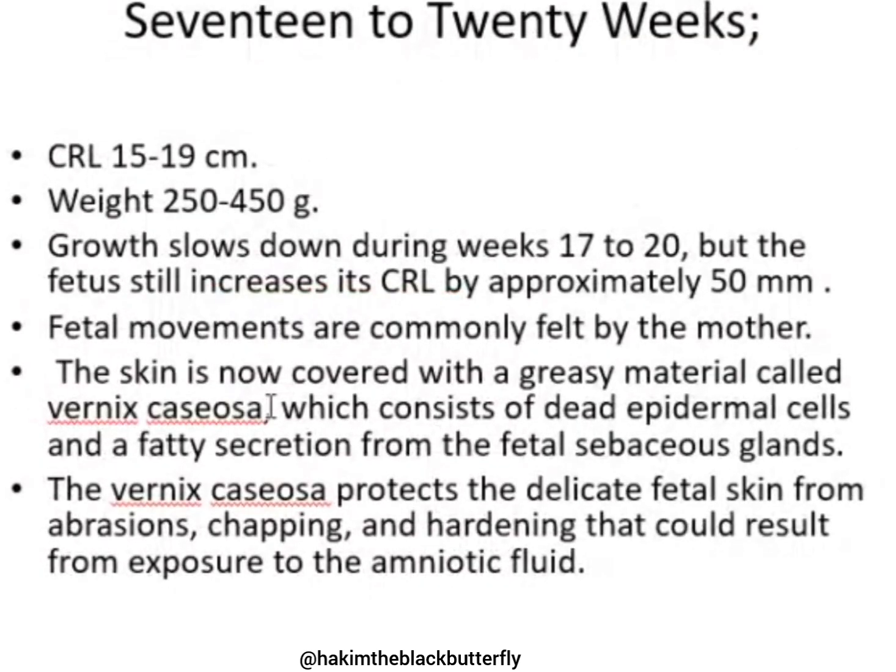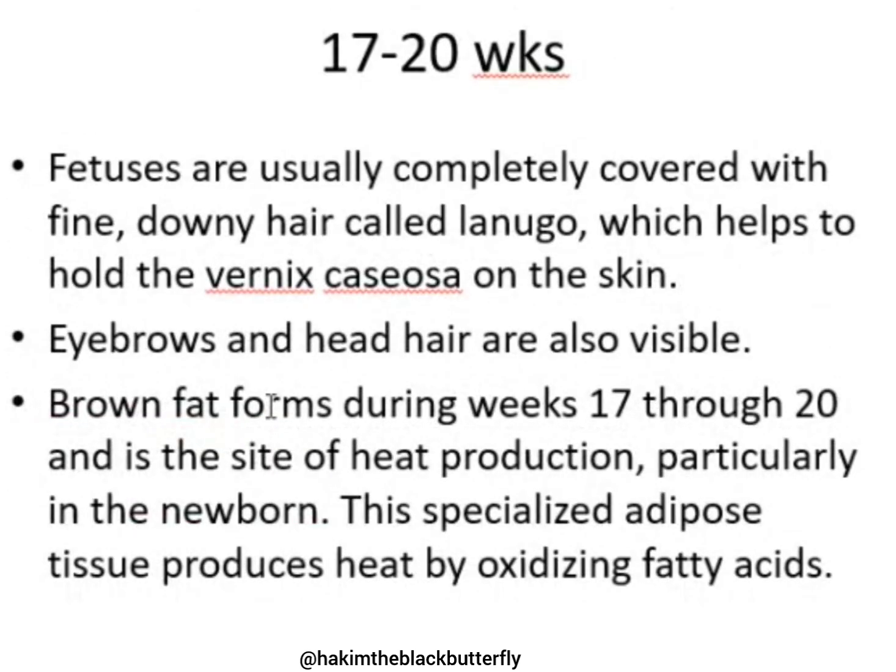So we have seen the length, crown rump length, the weight increasing between week 17 to 20, fetal movements being sensed by the mother, secretion of vernix caseosa to protect the delicate skin, and the development of the lanugo to keep the vernix in position.